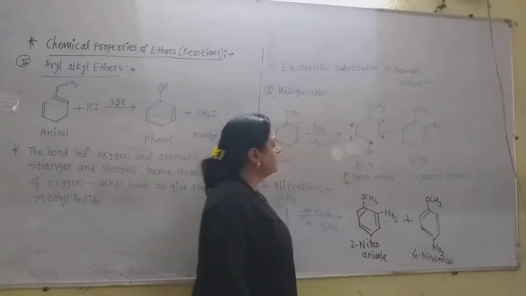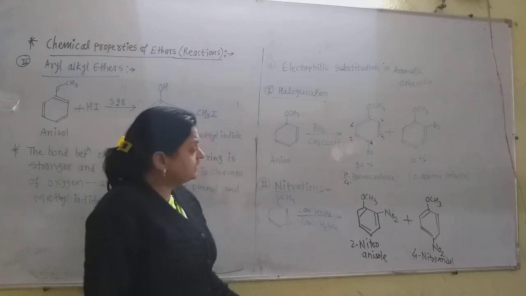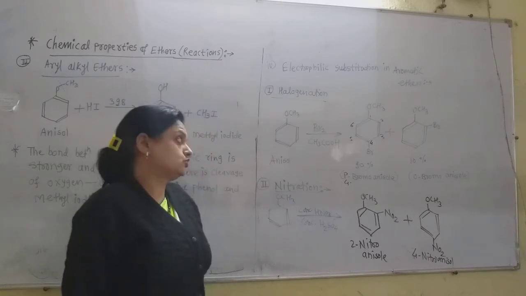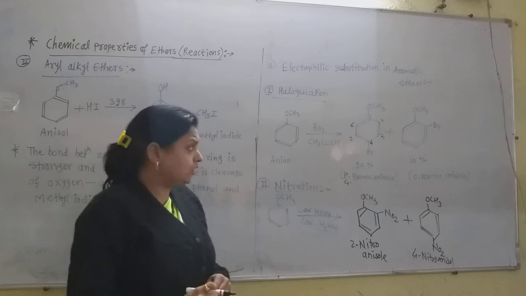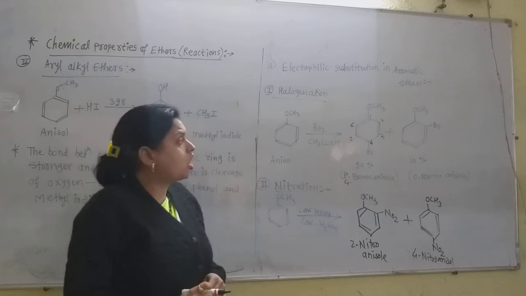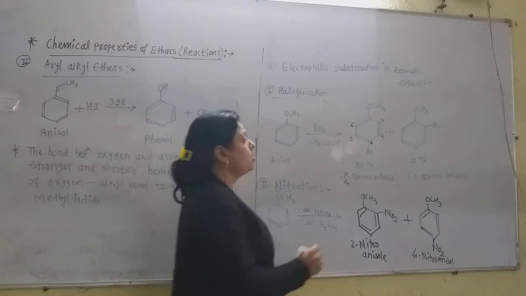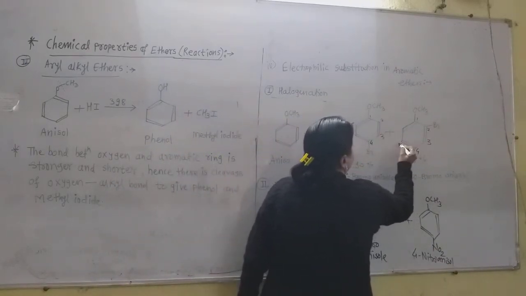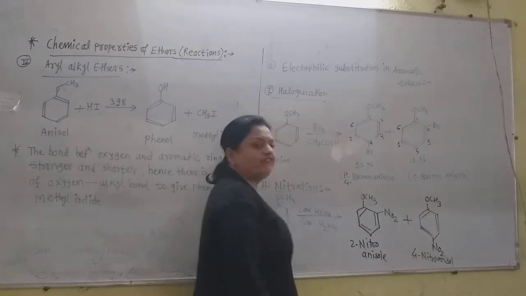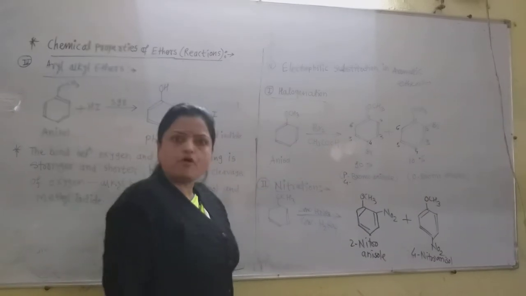And again there is a minor product, only 10% of ortho-bromoanisole, also called 2-bromoanisole. Now two different compounds are obtained.